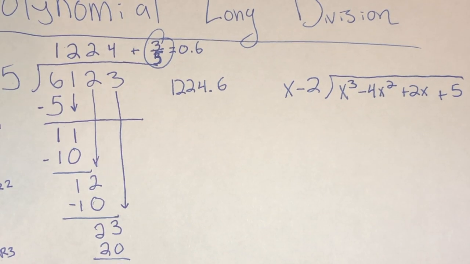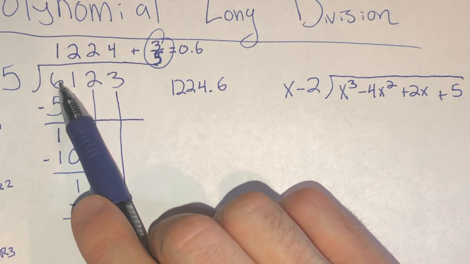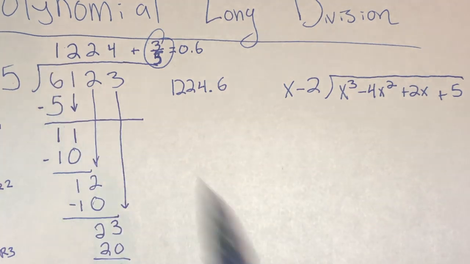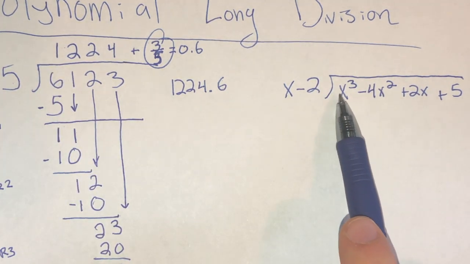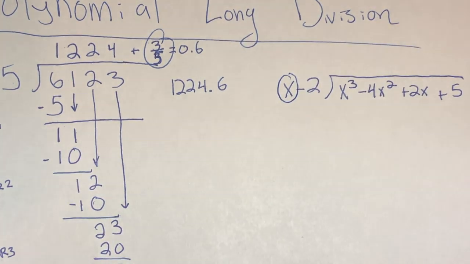Now, what we see here is this is a very similar process, right? So let's take a look at some parallels. Here, I took my 6, I said, how many times can 6 go into 5? 1 time. Here I'm going to start and look at my key term, okay?